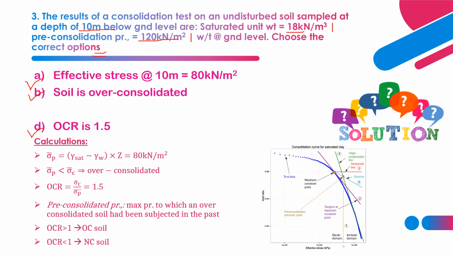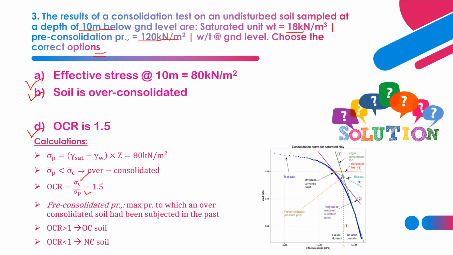But here present stress is less than the past existed stress. That means the soil strata is over consolidated. And how to find the OCR ratio? Past by present, past stress divided by present stress. So by dividing these two things, we get the answer as 1.5. So OCR is 1.5, then it is correct.